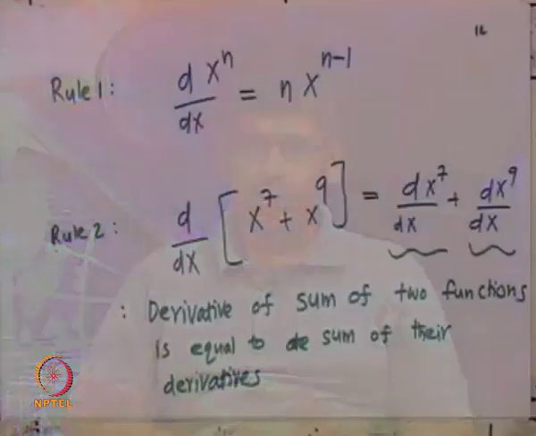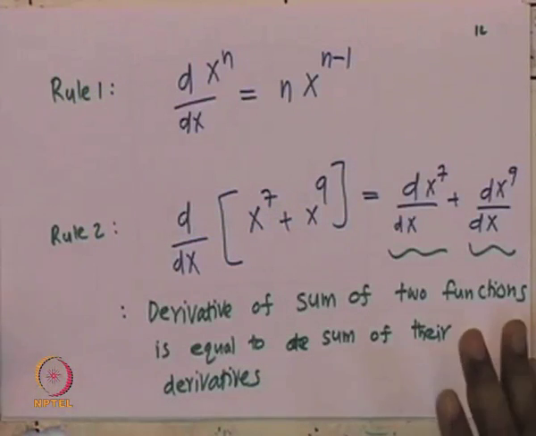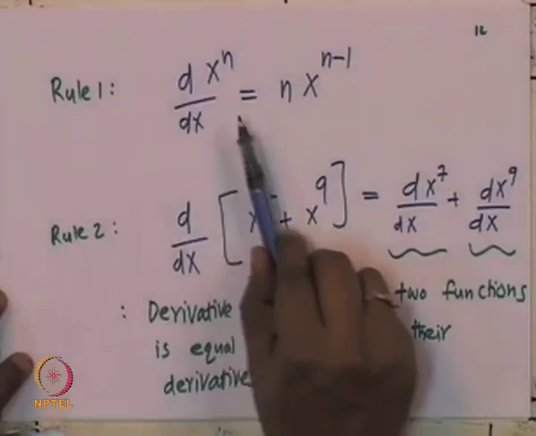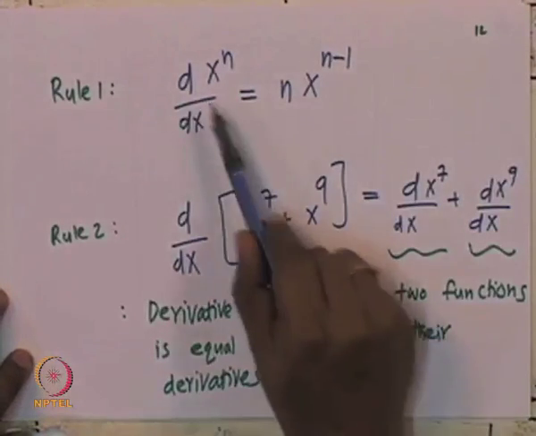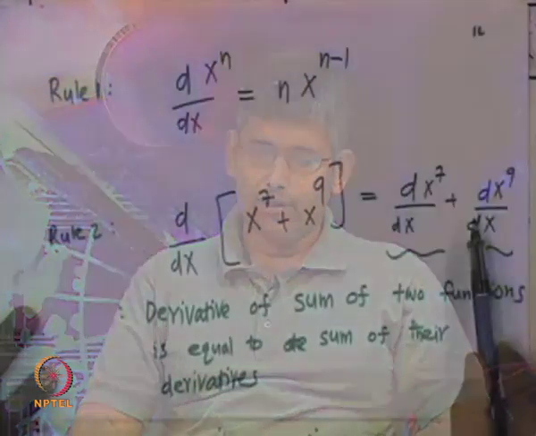So to summarize today's lecture, we should just revisit those two rules which we saw. The take home message from today's lecture is that the derivative of x power n is n x power n minus 1, and the derivative of a sum of functions is basically the sum of their derivatives.